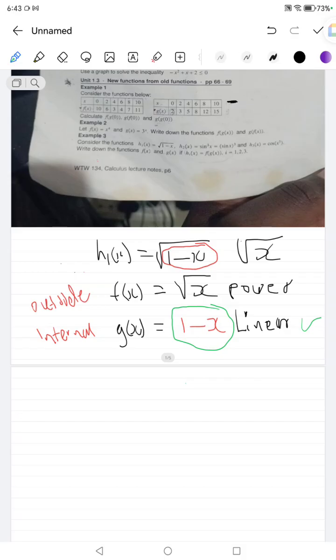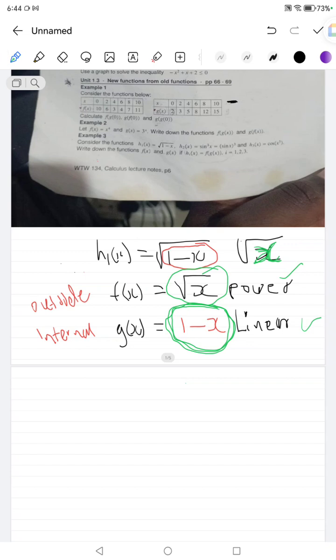You're left with square root of x. As I said, once you've removed this one, you replace it with an x, so now you're left with square root of x. Then you know your square root of x is going to be the outside function. You ask yourself, what's your square root of x? It's your power function.